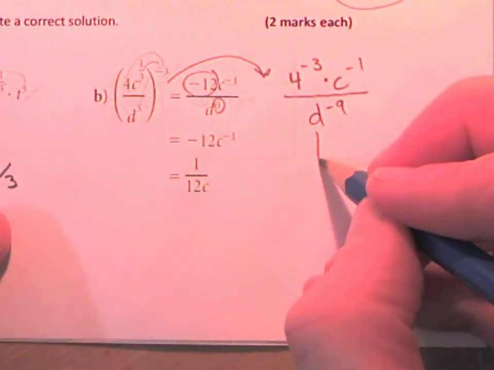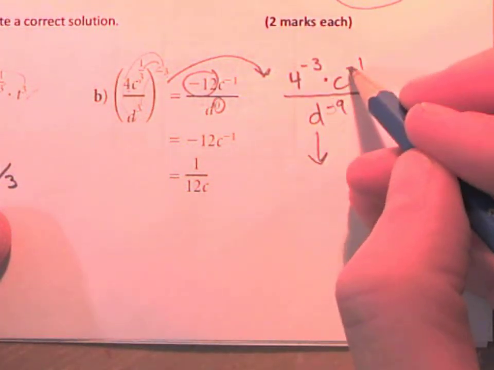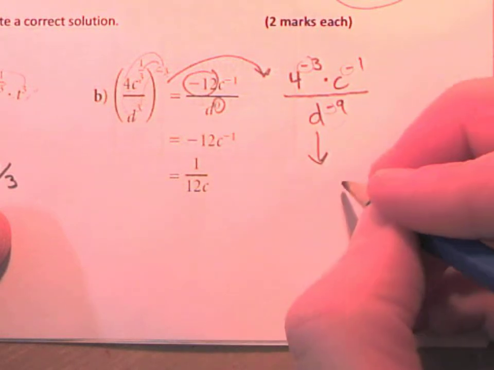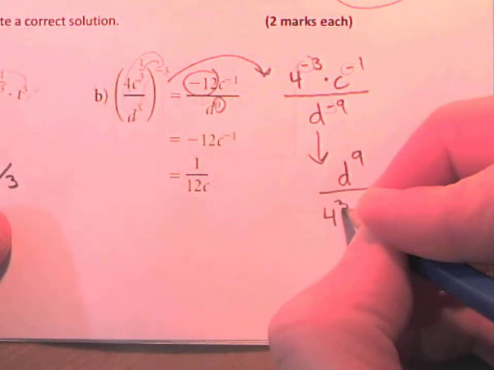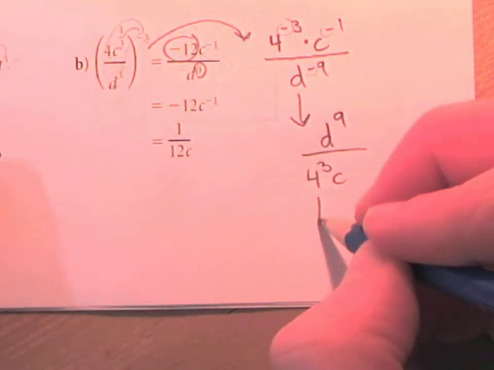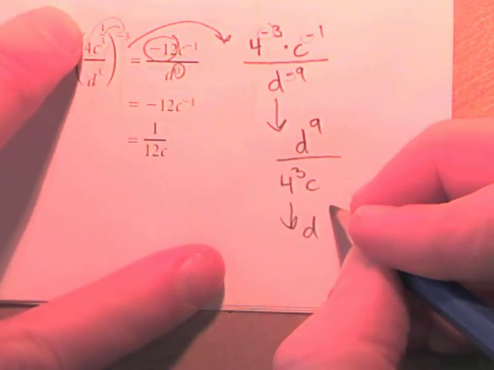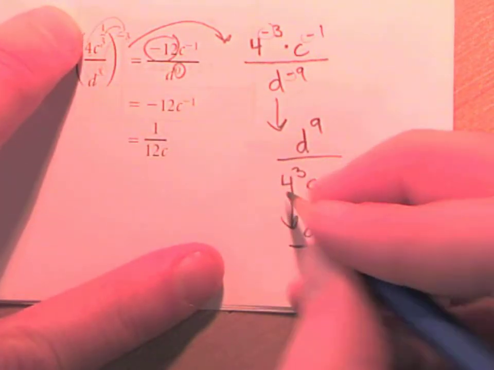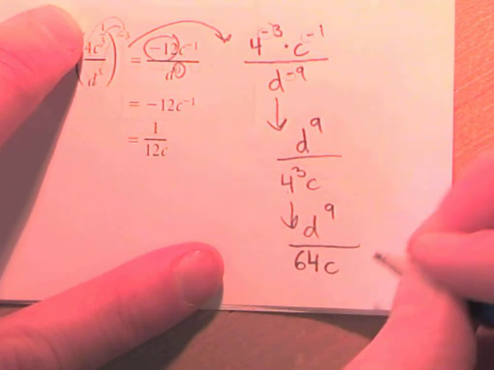Okay, and then if you simplify that even further, you want to switch all the negative signs, so you'd end up with d to the 9 over 4 cubed c, and then if you simplify that number, it's d to the 9 over 4 times 4 times 4 is 64 c.